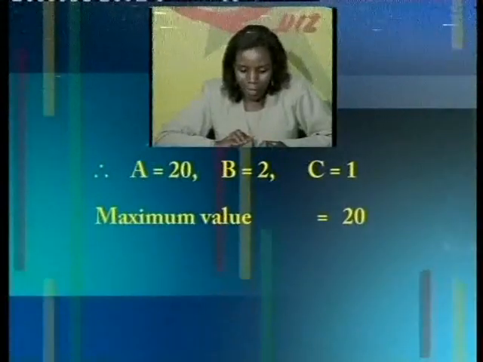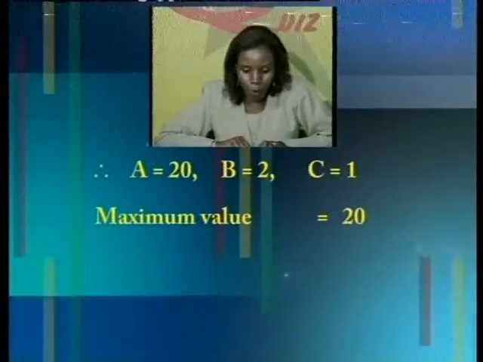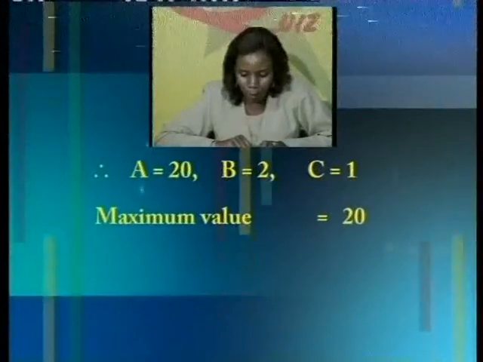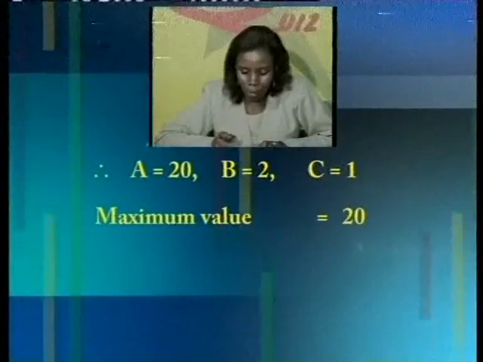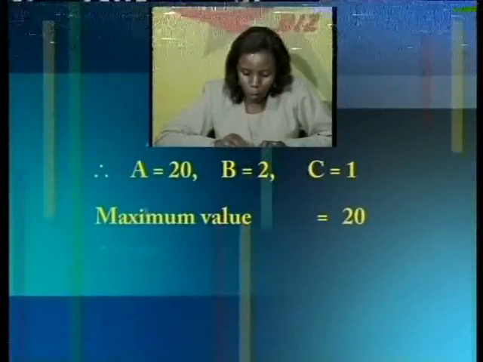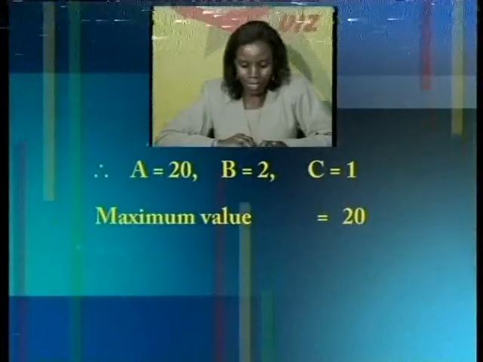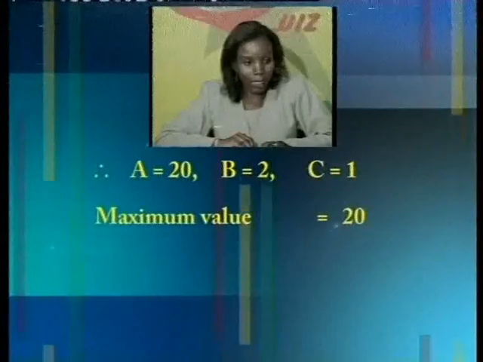If you inspect the expression, you will find out that you will have your maximum value when b minus cx all squared is 0. So b minus cx has to be 0. If you solve this equation, you will come up with the answer that the maximum value will be 20.